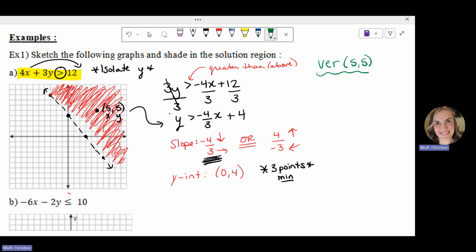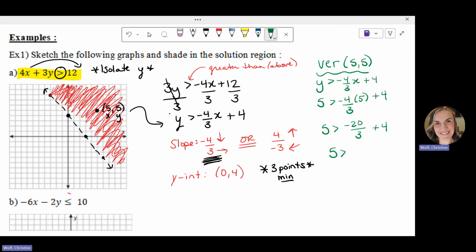So if I take my inequality, y greater than negative 4 over 3x plus 4, and I plug in those two random values I just chose, so both of them just happen to be 5. And if I simplify, I don't have to simplify my left side, it's done. If I simplify my right side, and you can use a calculator for this, you would have negative 20 over 3 plus 4.